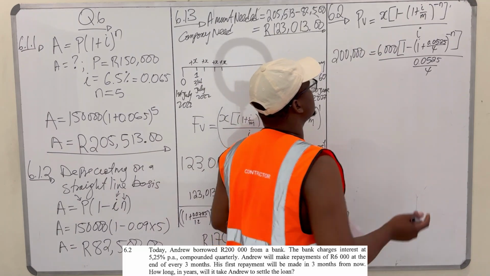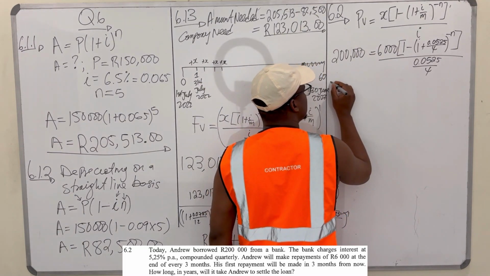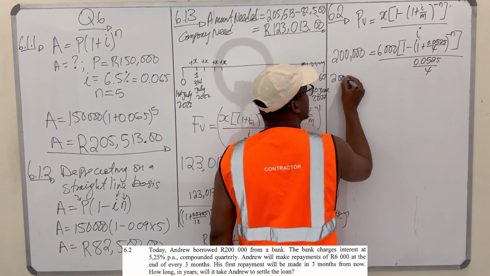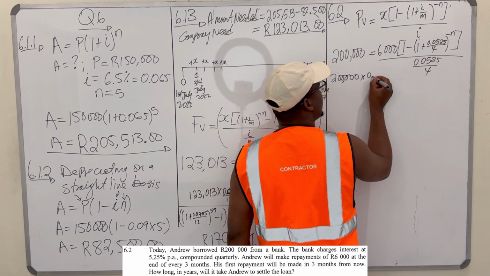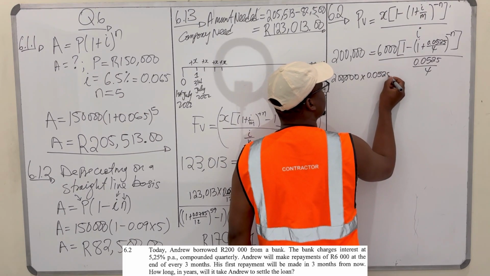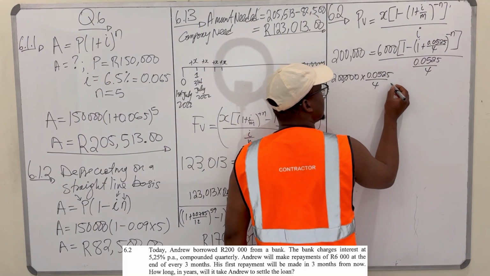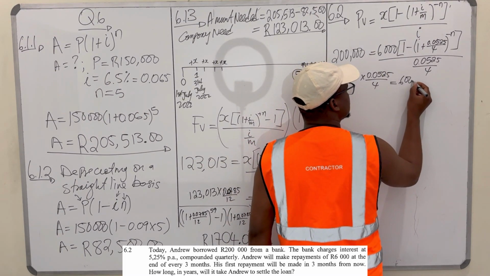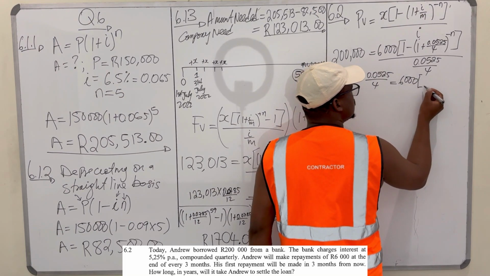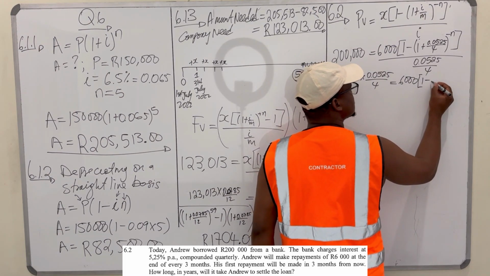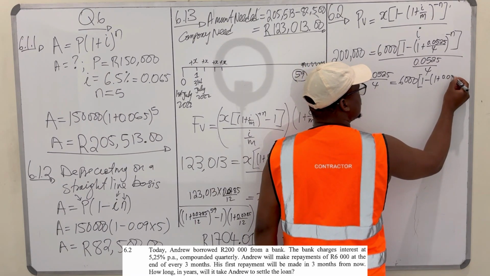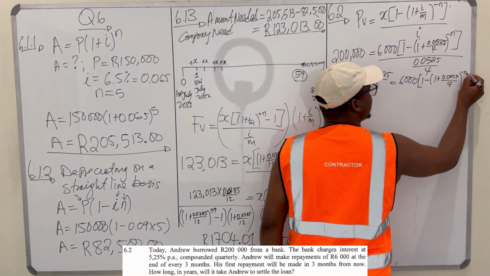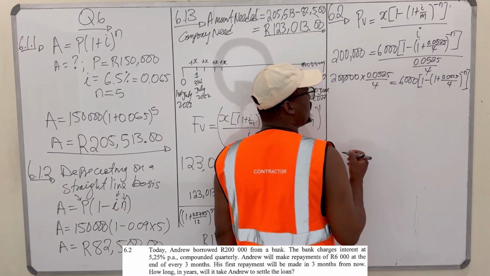So let's solve this. Cross multiply. So you have 200,000 times 0.0525 all over 4 is equal to 6,000 into 1 minus 1 plus 0.0525 all over 4 raised negative n, which is representing the negative number of payments.